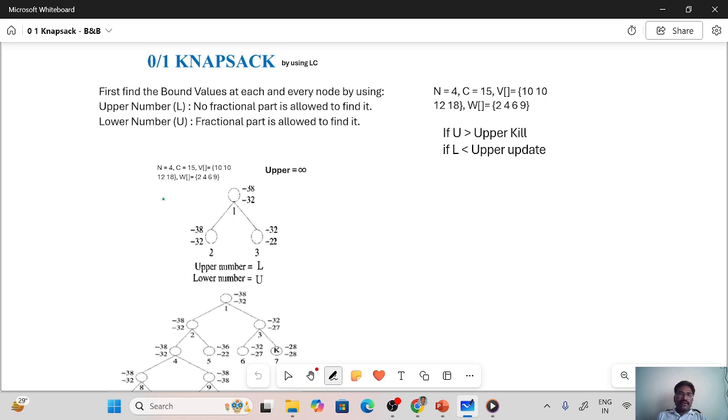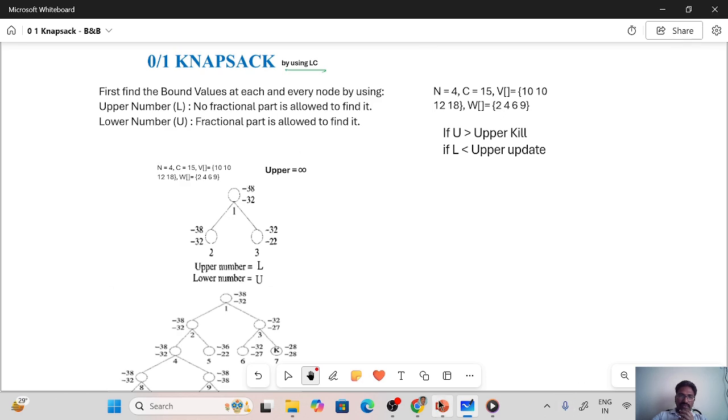Now I am going to use the least cost approach to solve the 01 knapsack problem. Already I told you, out of those three, based on our problem statement, we choose our searching approach. So now I am going to use the least cost approach.